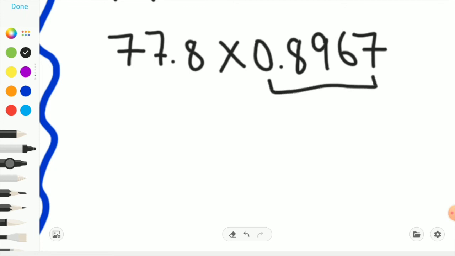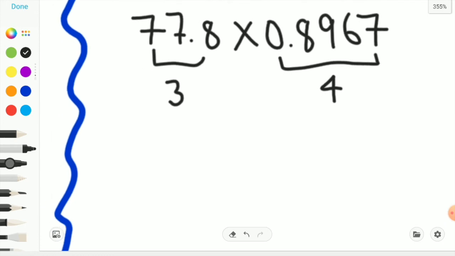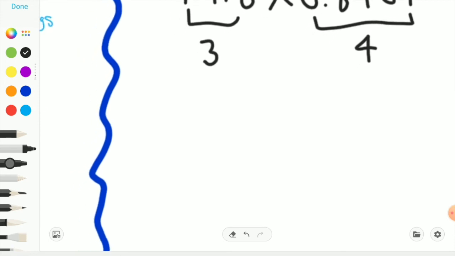Here you have 4, and here you have 3. So then you do your calculation. In your calculator, what you would get is 69.76326, and because you use the smallest amount of significant digits, 3, you would have to round your number so that it only has 3 significant figures. So in this case, 69.8 would be the answer.